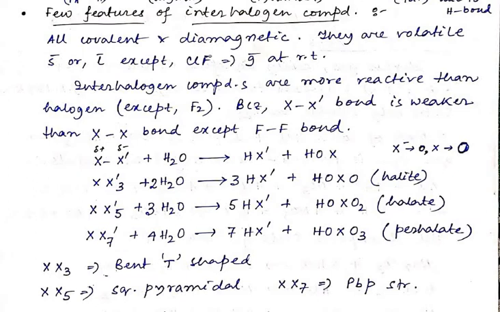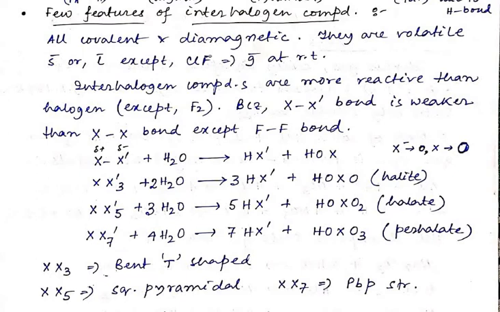The interhalogen compounds are more reactive than the halogens because the X-X' bond, suppose I am taking ClF, in that case the Cl-F bond is weaker than the X-X bond, meaning the Cl-Cl or F-F bond.